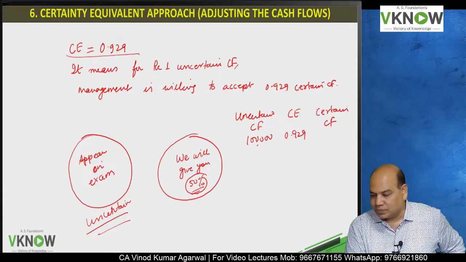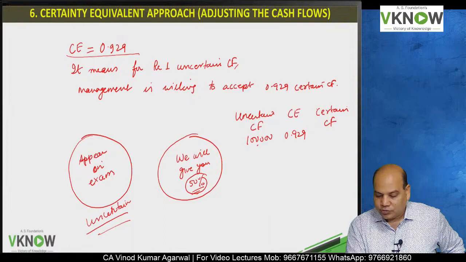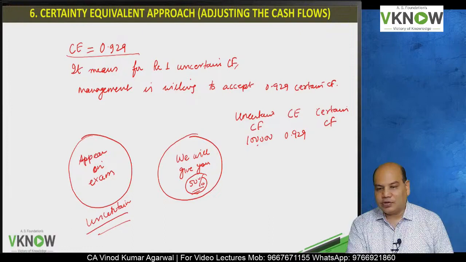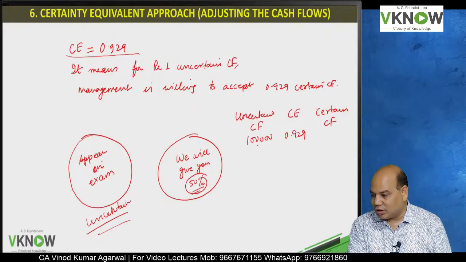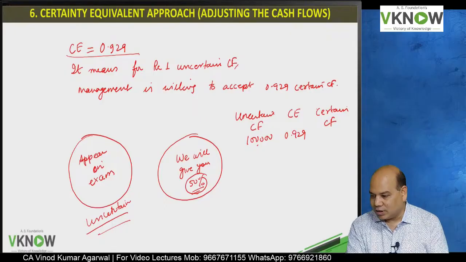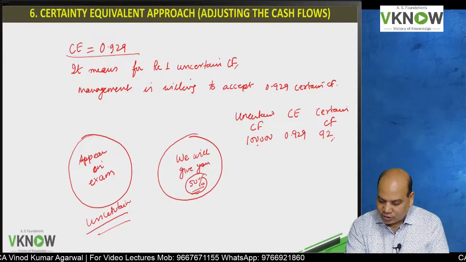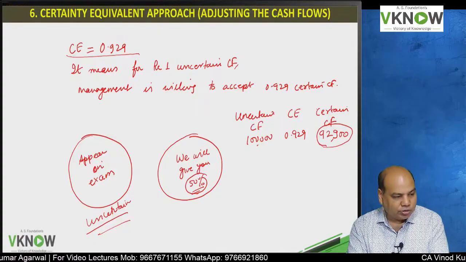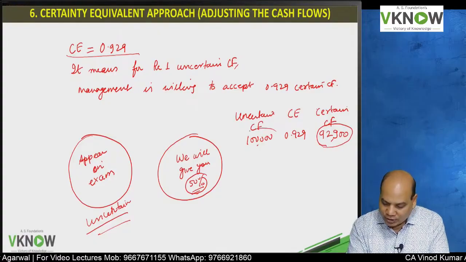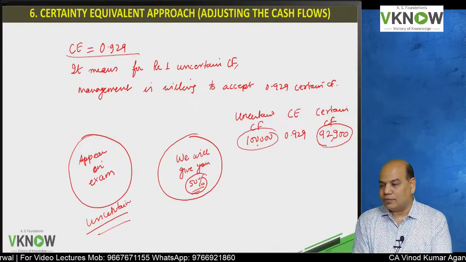Certainty equivalent is 0.929. What is the equivalent certain cash flow? Come on, reply. You have to just multiply. 92,900. So I am willing to accept 92,900 against a risky cash flow of 1 lakh.